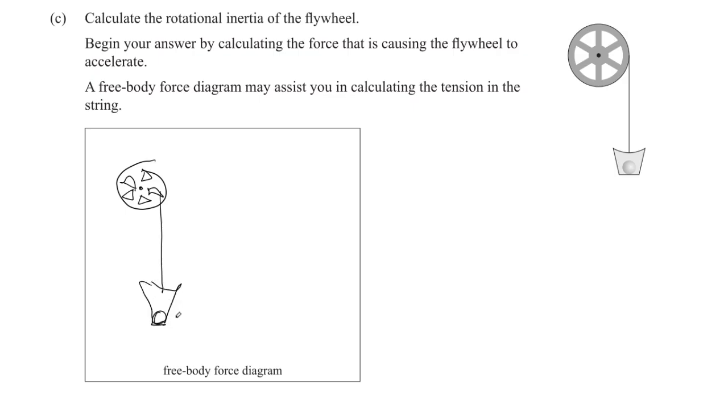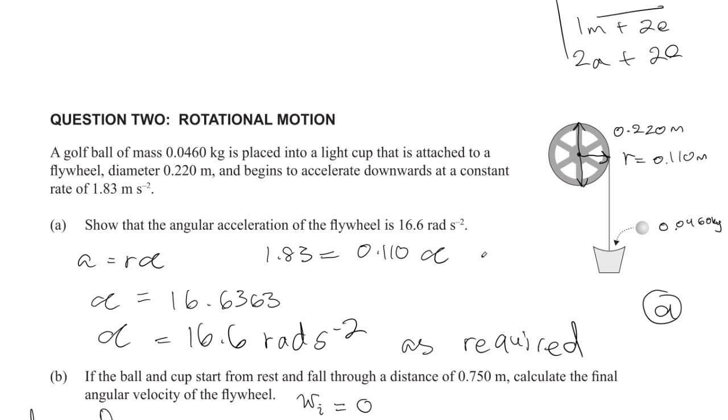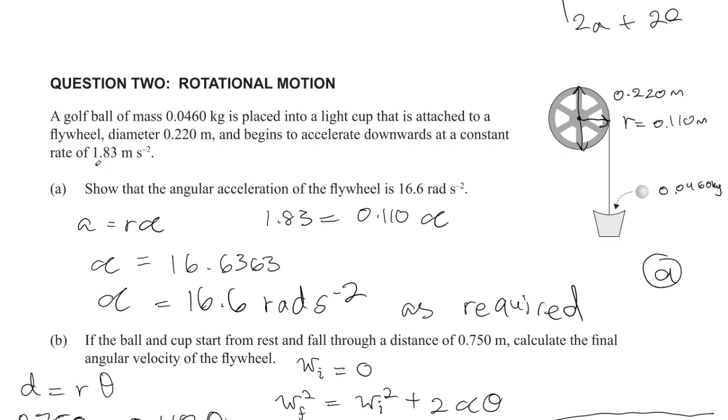Here's the ball. So what we have here is a downwards force, gravity, of 9.8 meters per second squared, right? But the actual acceleration was 1.83 meters per second squared.